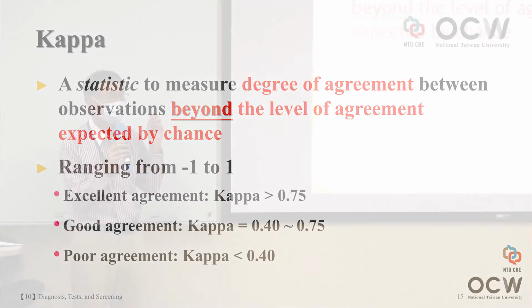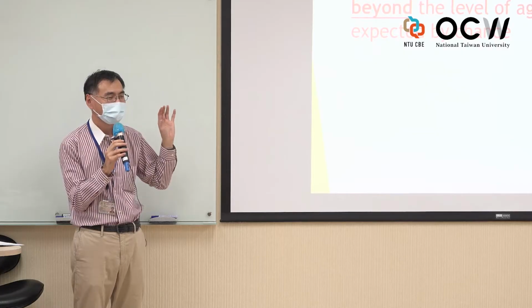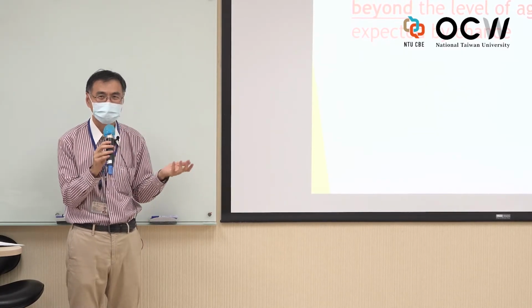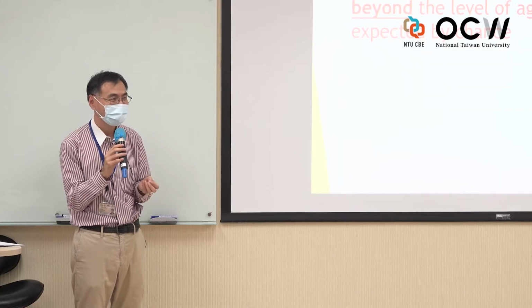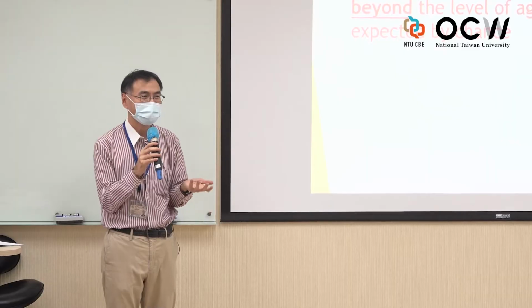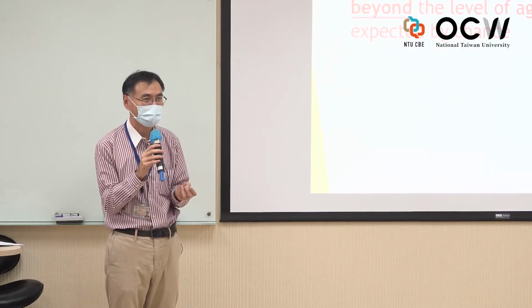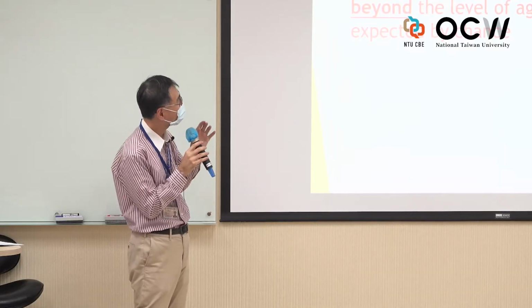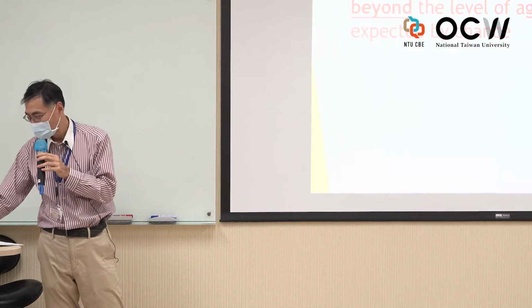Even if we give exactly the same information to a pathologist and a doctor, of course there will be some consistent identification outcome, right? It could happen by chance. So how can we get rid of the issue of the consistency happening by chance? Yeah, Kappa will be the indicator.